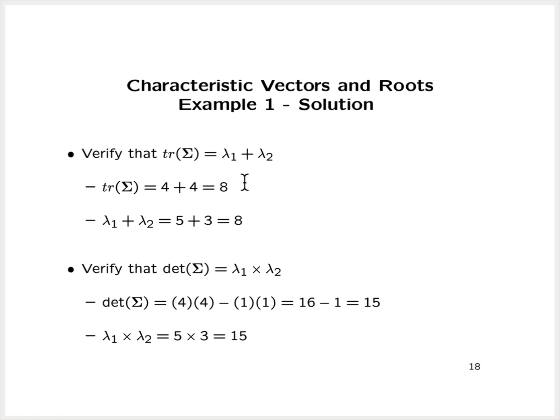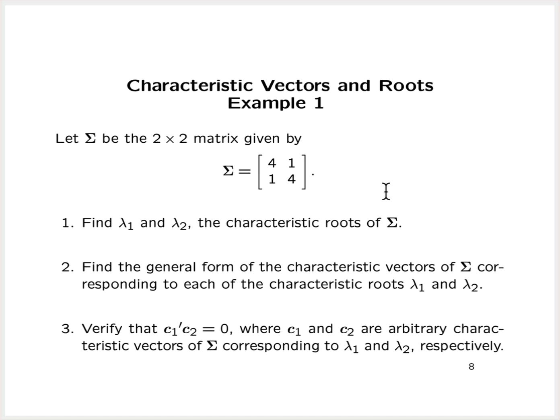Okay, now we want to verify that the trace of the matrix is equal to the sum of its characteristic roots. Now the trace, let me go back and show the matrix. The trace is the sum of the diagonal entries. So the diagonal entries are the 4 here and that 4 as well.